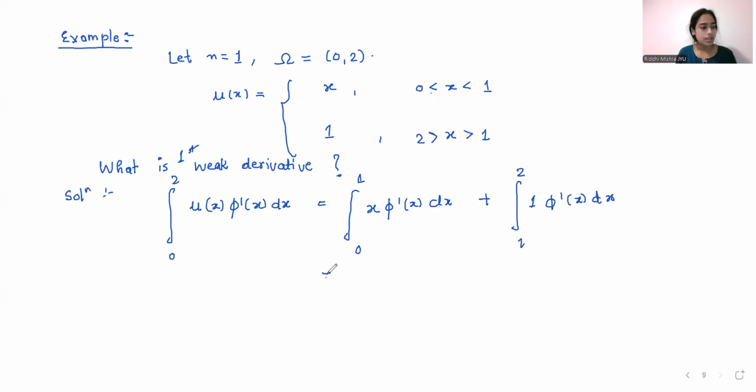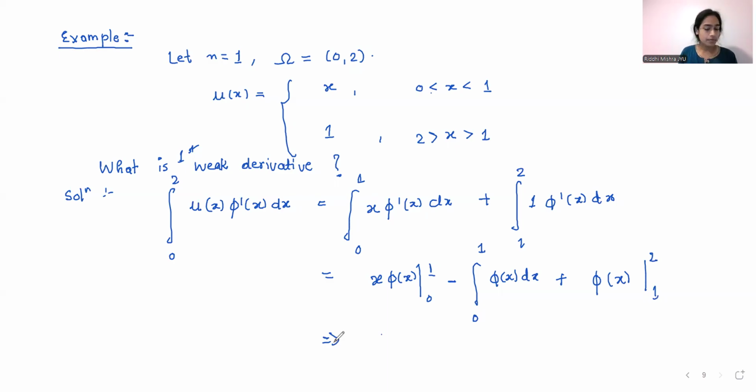Here I use the product rule of the integral, and we get x phi(x) from 0 to 1, minus the integral from 0 to 1 of phi, and by the fundamental theorem, phi(x) from 1 to 2.